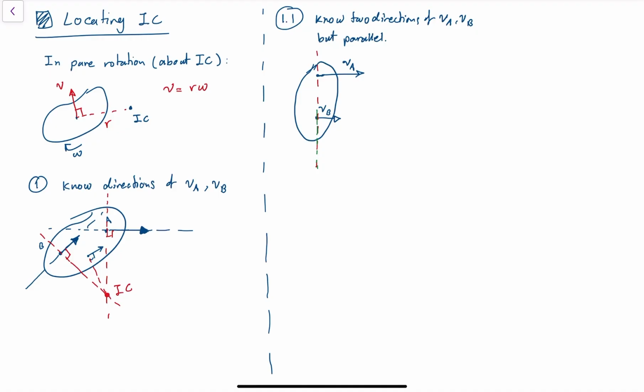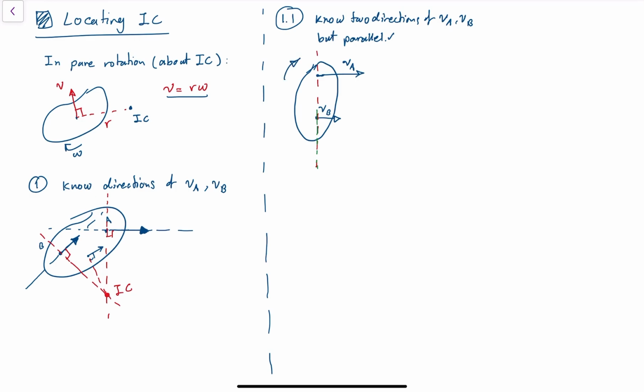So you need an additional piece of information. In fact, you had only one, you need a second one. And the second one can come from the magnitudes of the velocities.